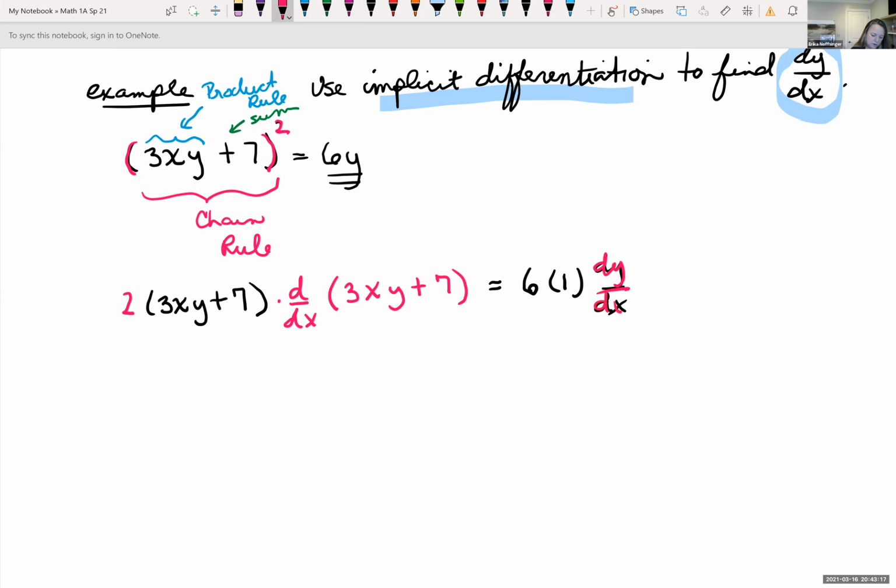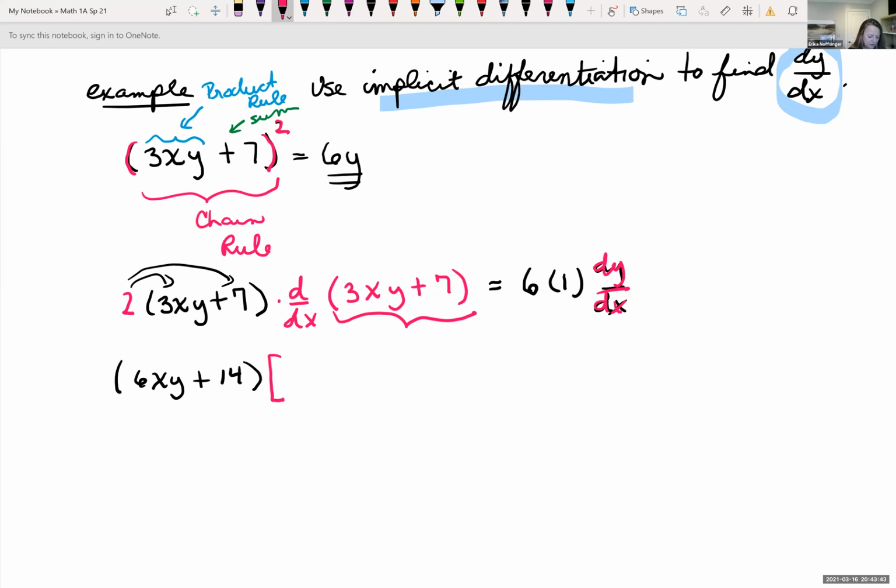So let's maybe distribute that 2 inside here. This gives me parentheses 6xy plus 14, times the derivative of the inside. The derivative of the inside says I have to use the product rule for the 3xy.